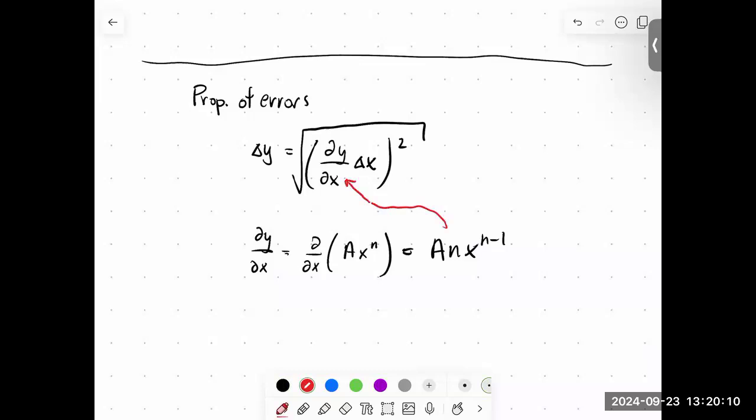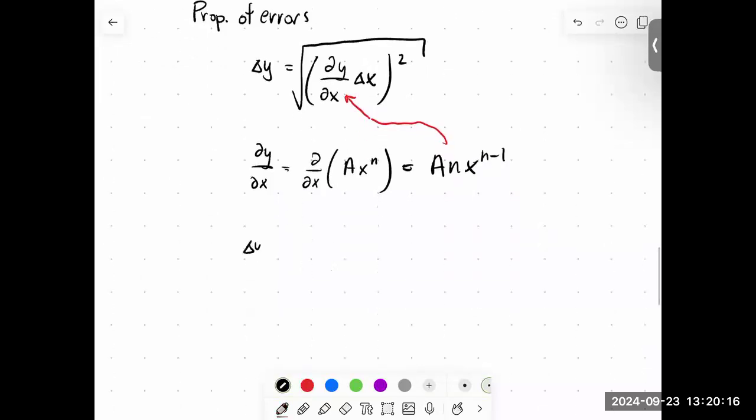Now we just have to sub this back into our general relationship of propagation of errors. So delta y is equal to the square root of a n x to the n minus 1 is the derivative, and then we just have to multiply by delta x, and then we square it and take the square root.